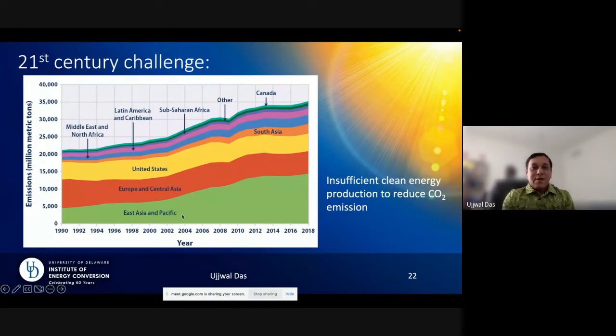But there are some developing nations, means they are developing and they are increasing their industrialization. And as a result, they started to produce more CO2 emission. And what we see overall, it started to increase the CO2 emissions. So we can clearly see that currently we don't have a sufficient clean energy production to curb the CO2 emission. So that's where we need to focus on, and it's a climate urgency at this point.